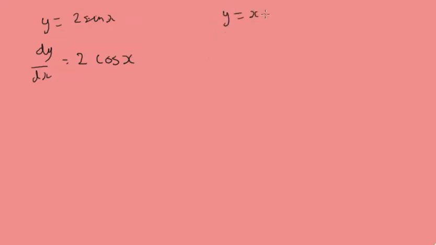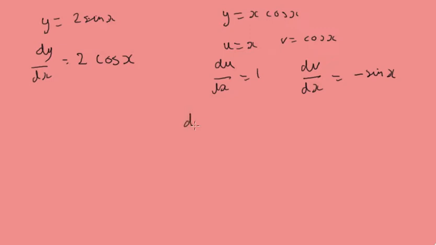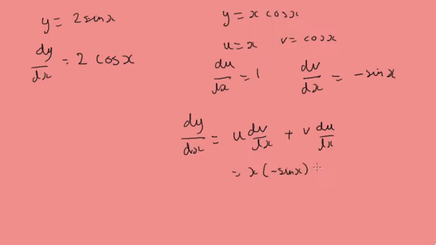If we had y equals x cosine x, this is going to use the product rule, so u is x, v is cosine x, du by dx equals 1, dv by dx equals minus sine x, and therefore dy by dx is equal to u dv by dx plus v du by dx, and u is x, dv by dx is going to be minus sine x, plus v, which is cosine x times 1.